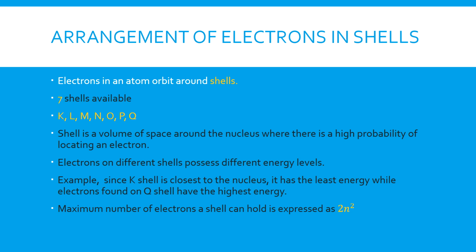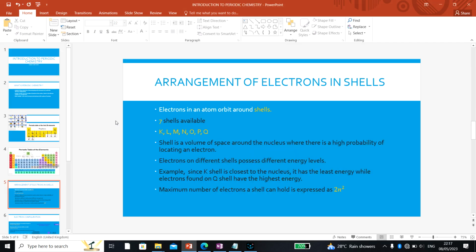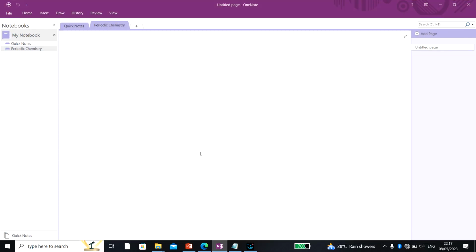Where n is actually the shell. So K shell has a principal quantum number of 1, L is 2, M is 3, N is 4, O is 5, in that order. So let's write the formula and do some worked examples.